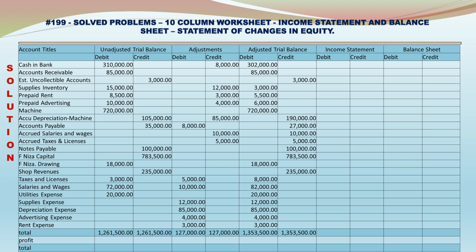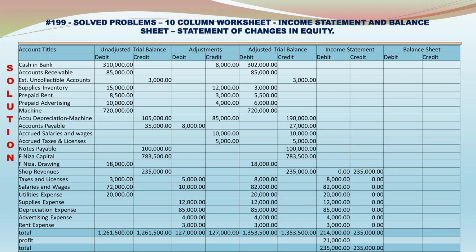Depreciation expense 85,000 debit. Advertising expense 4,000 debit. Rent expense 3,000 debit. Total debits in adjusted trial balance is 1,353,500 and the credits are 1,353,500.